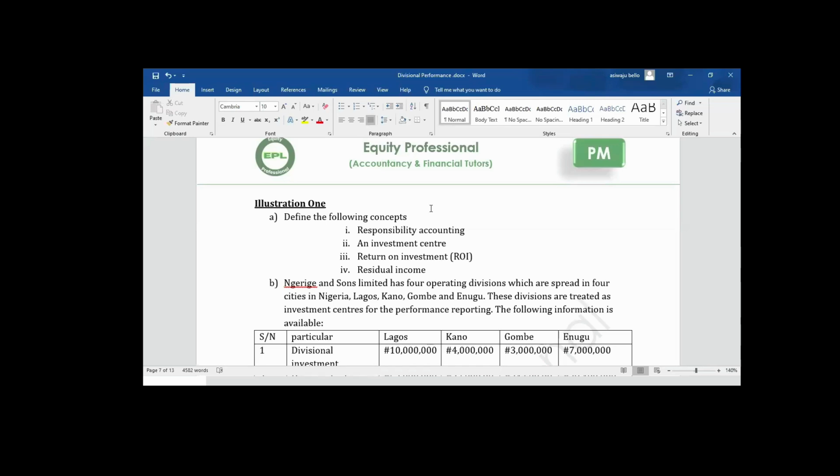Profits made on investment. It is the unit of profit that is attributable to unit of investment in the organization. It is profit attributable to the amount of investment in a company.